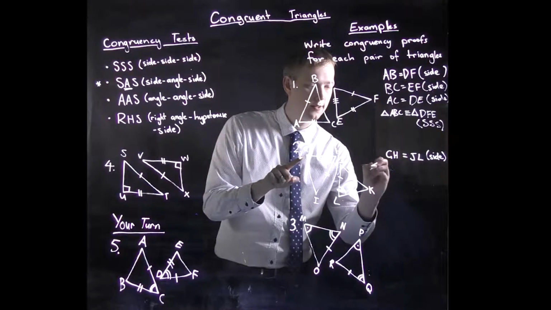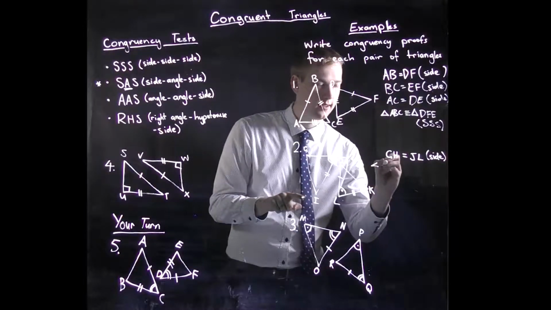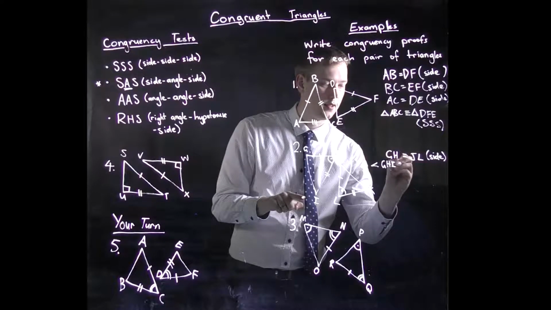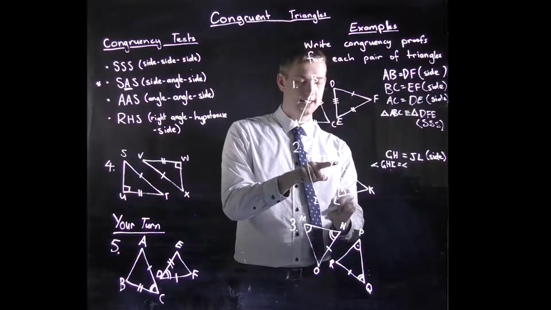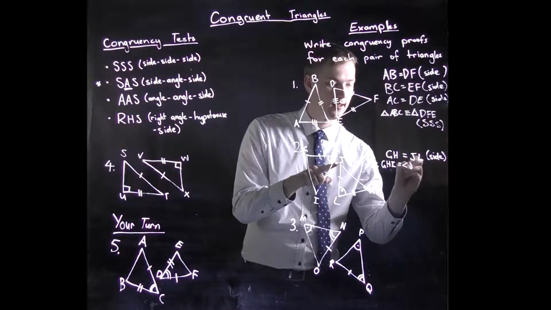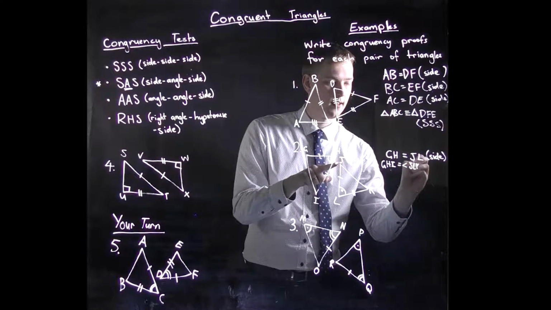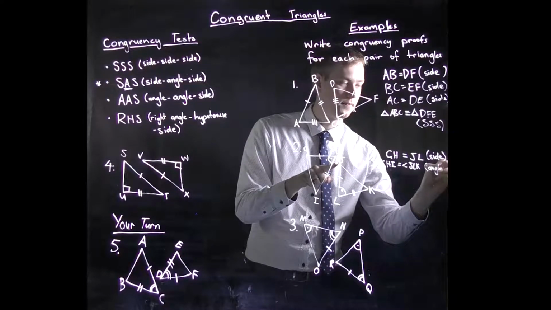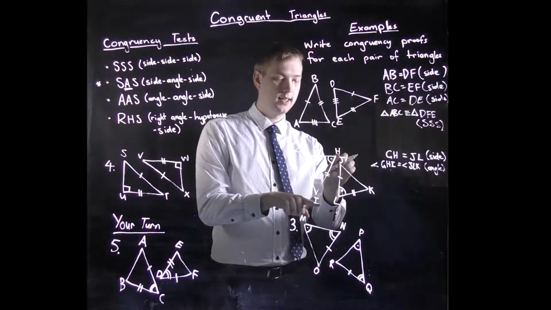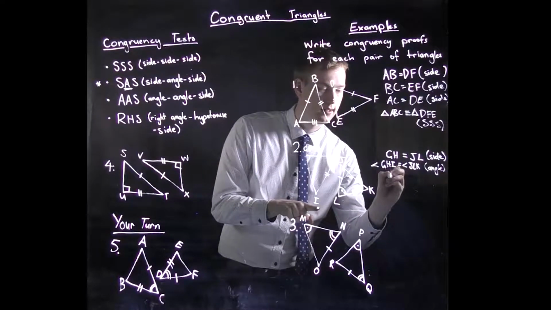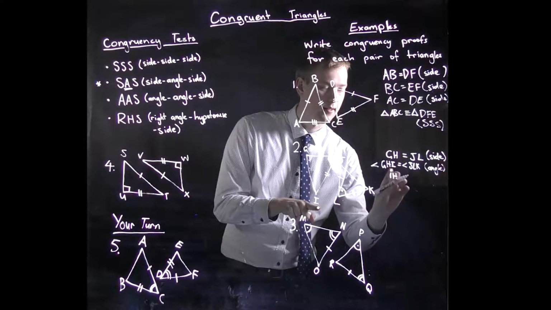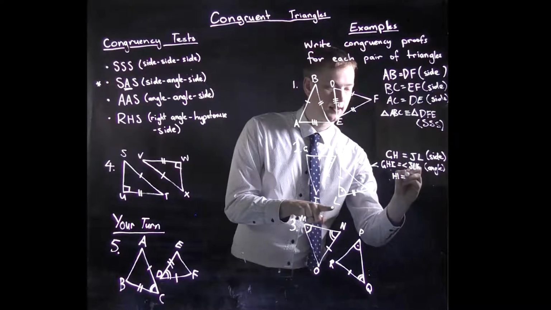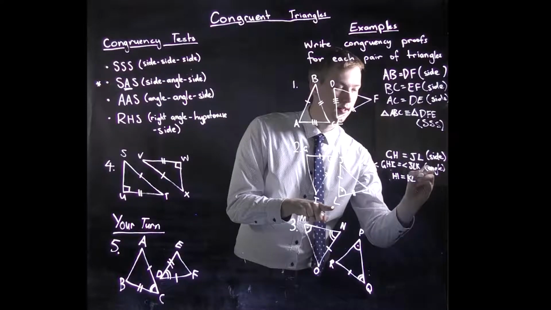So angle GHI equals the exact same as angle JLK. Alright, angle. And then finally, IH, or HI, equals LK. And this is a side.